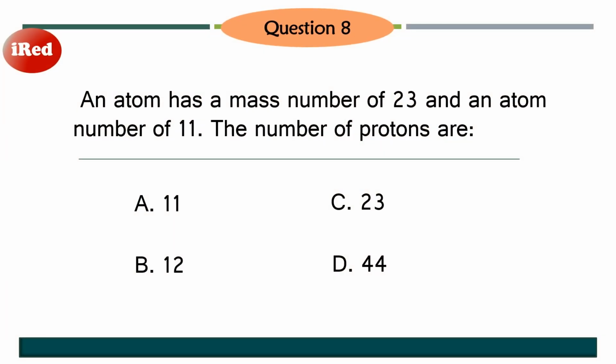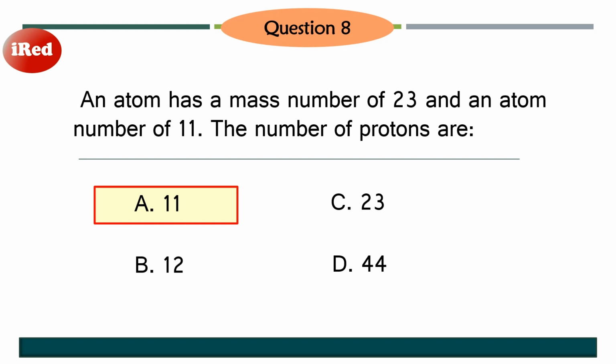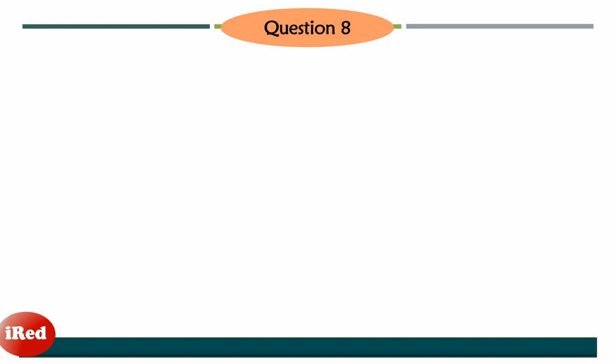An atom has a mass number of 23 and an atomic number of 11. The number of protons is... The correct answer is letter 11. The mass number of an atom is the total number of protons and neutrons in its nucleus.